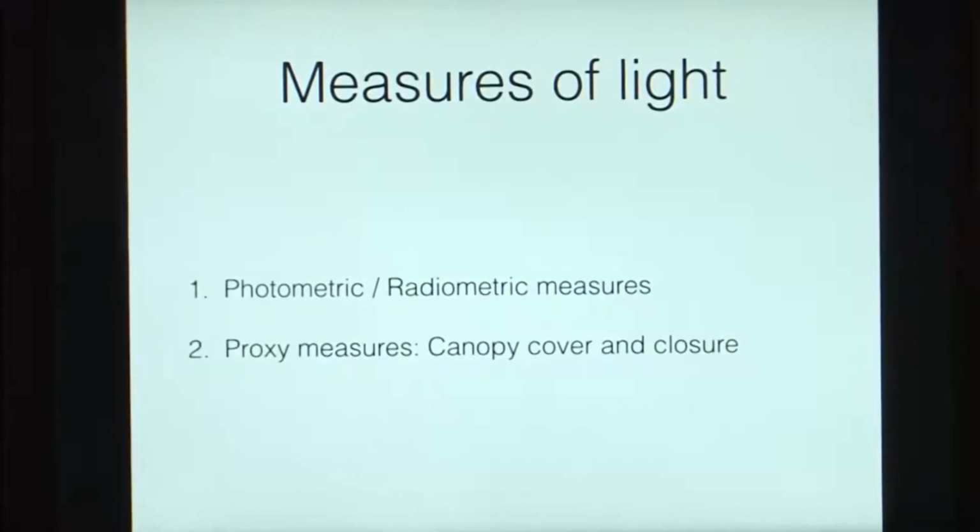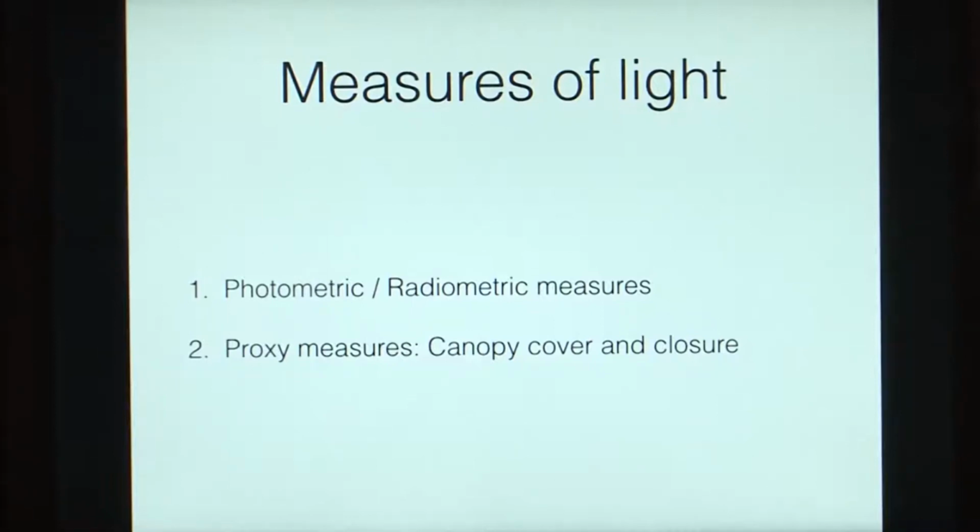We measure it through two measures. So, one is photometric or radiometric measures of light. In the photometric measure of light, we use a sensor to measure the amount of light that is reaching us. In a radiometric measure, we measure the amount of energy that is there in any fixed wavelengths.